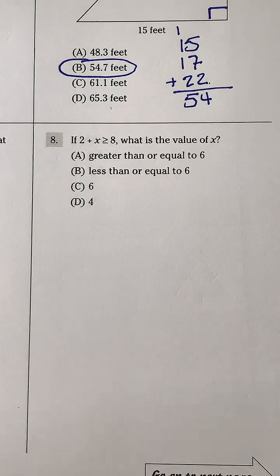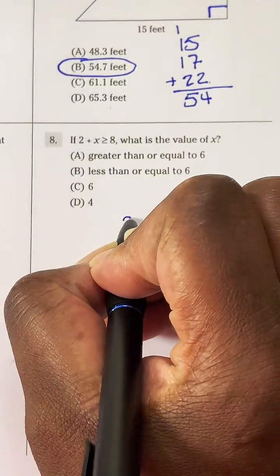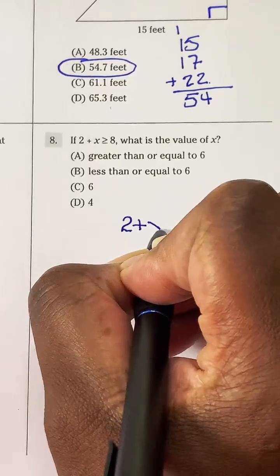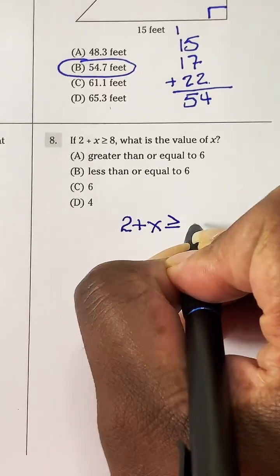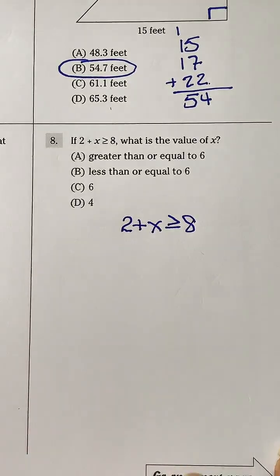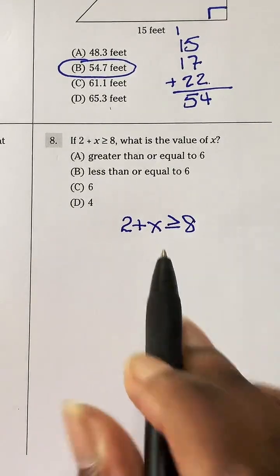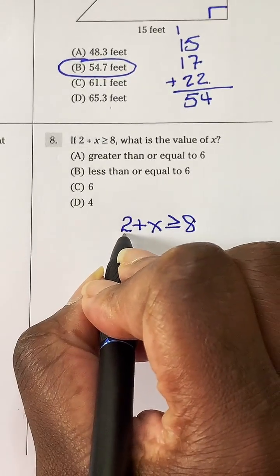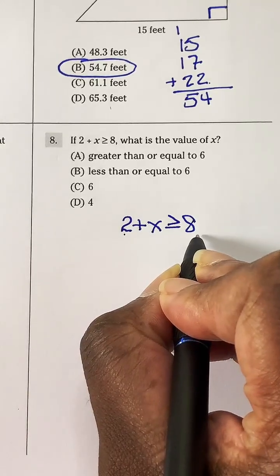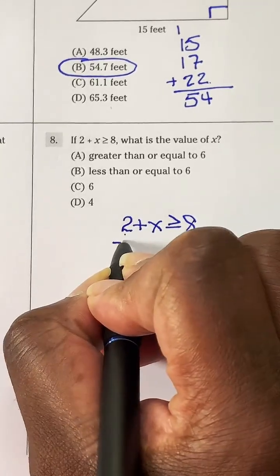So we got a combination of A's and C's. So let's take a look. We have 2 plus x is greater than or equal to 8. So we're solving this for x. So that means we need to get that 2 to the other side of the inequality sign. So we can subtract 2.